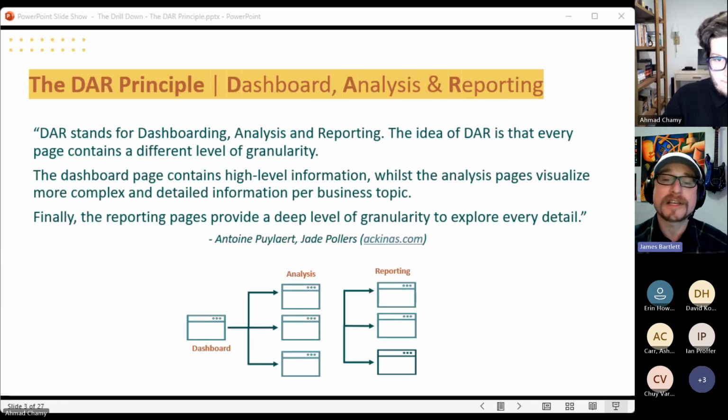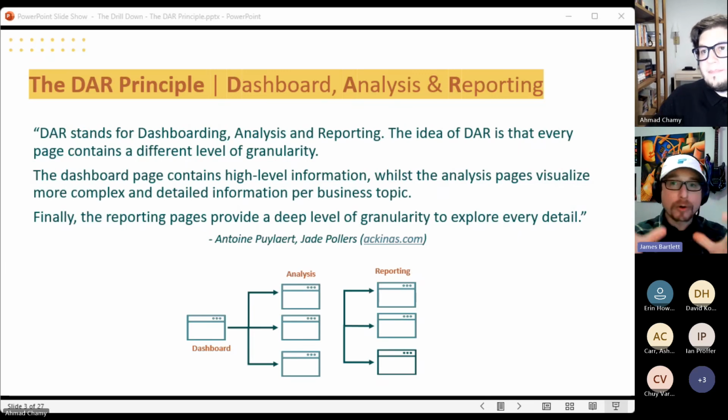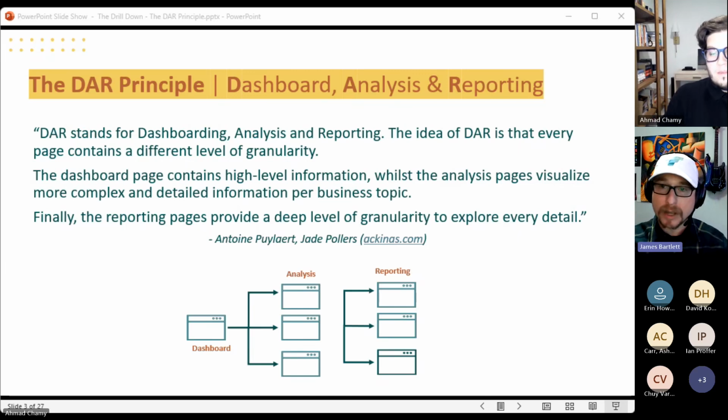Every one of those types of views has its own reasons for being and its own strengths and weaknesses. And so harnessing all of those things and putting them in their own place in a BI solution allows us to better present the information to the users in a way that allows them to understand it in the context that they are trying to use it.